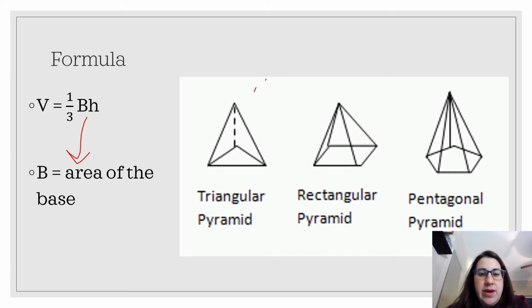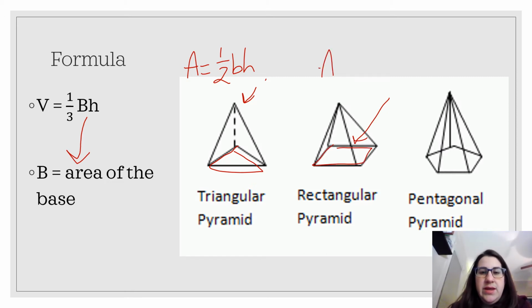So if we think about here, the base on this one is a triangle, and the area of a triangle is 1/2 base times height. Right here, the base is a rectangle, so the area of the base is length times width. And then this would be what we stick in for B, and we can just add in everything else.